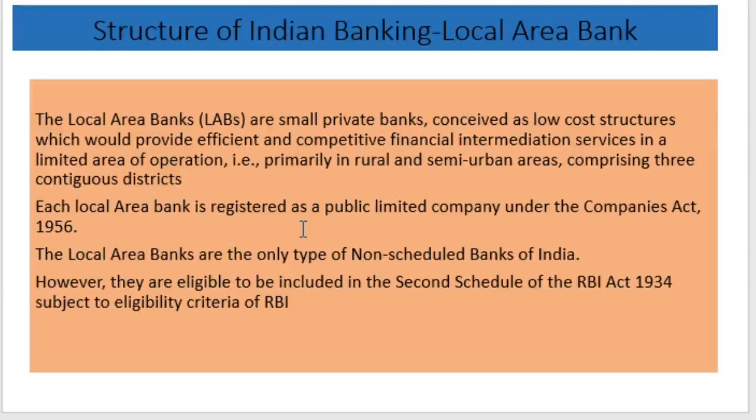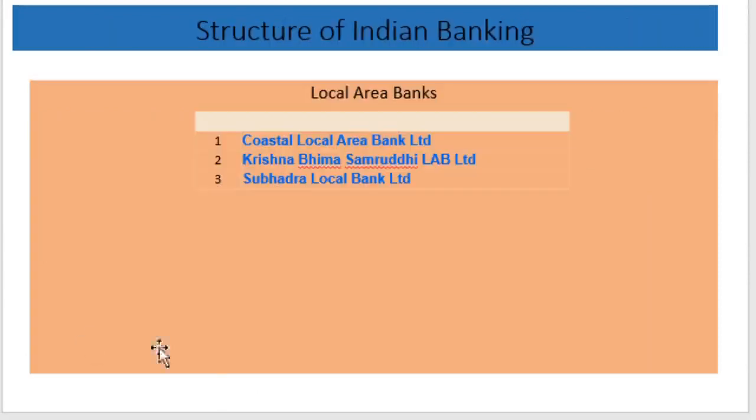These local area banks come under the non-scheduled banks of India. They are eligible to be included in the second schedule of the RBI Act, subject to the eligibility criteria of RBI. Important local area banks that exist as of April 2020 are Coastal Local Area Bank, Krishna Bhima Samruddhi Local Area Bank, and Subhadra Local Area Bank. These 3 banks come under the non-scheduled banks.